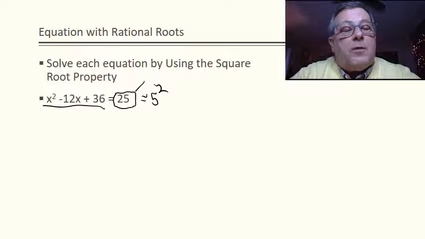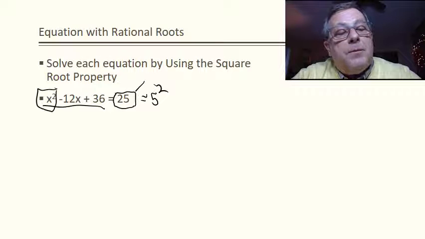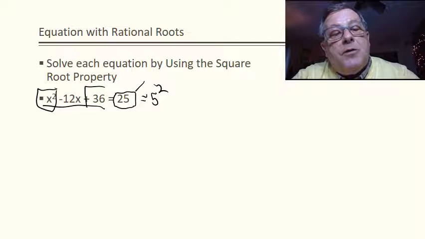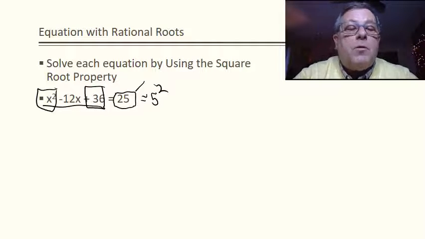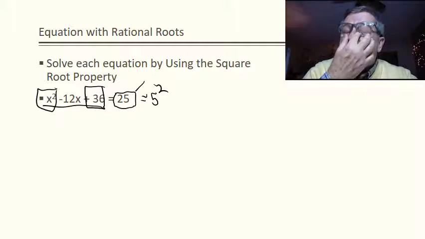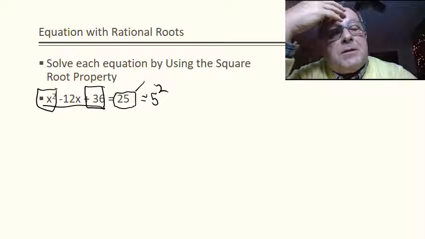Now, if I look at this other expression, x squared minus 12x plus 36, this x squared is a perfect square. The quadratic term is a perfect square, and this constant term, 36, is also a perfect square, plus or minus 6. And then if I look at this middle term, I can see that negative 6 and negative 6 would equal negative 12x.